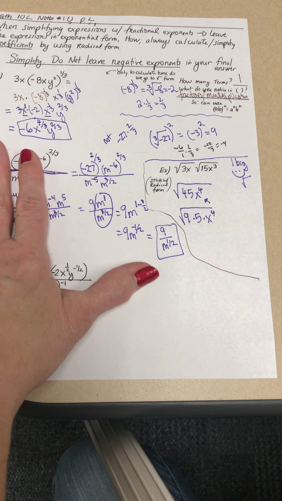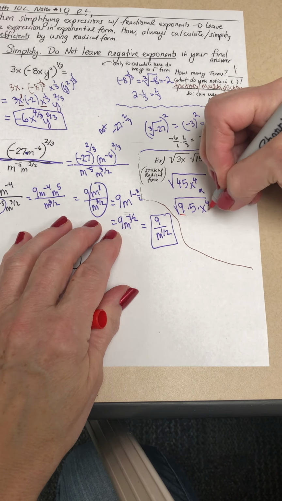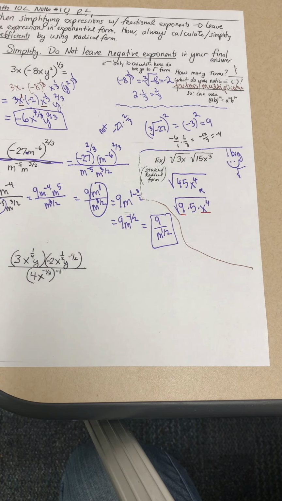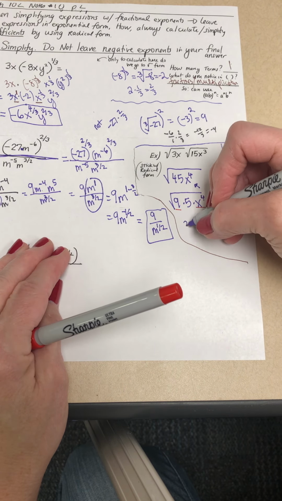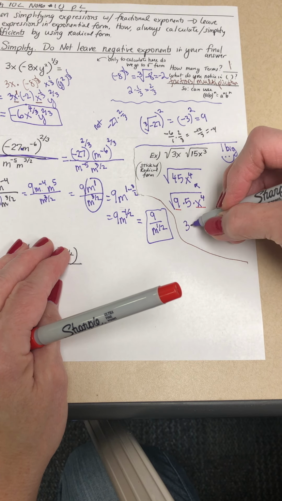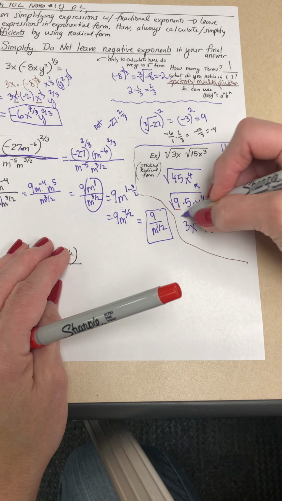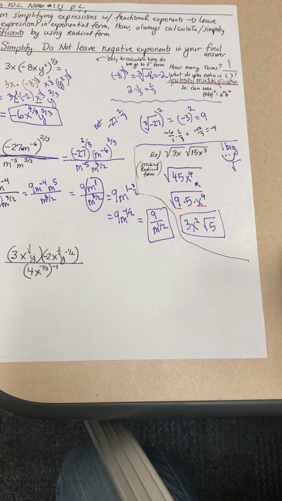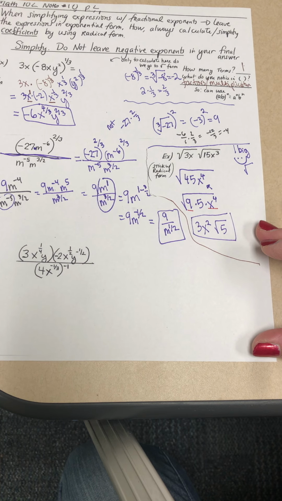And then these two factors are perfect squares. I can take the square root. So the square root of 9 comes out as 3. The square root of x to the fourth comes out as x squared, root 5. The 5 stays under the radical. Very simple problem if you stick with the radical form.